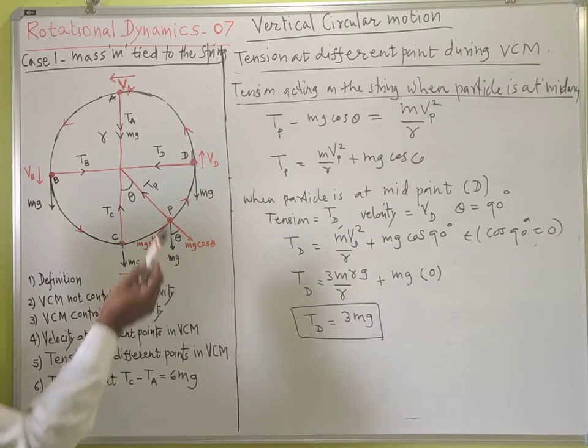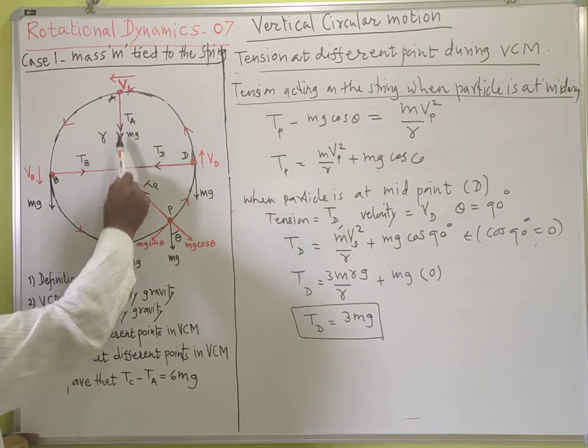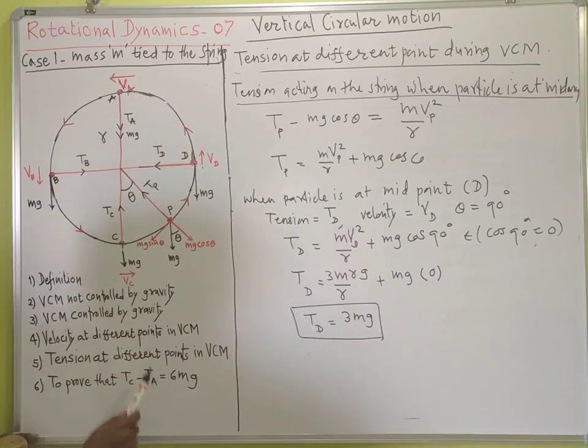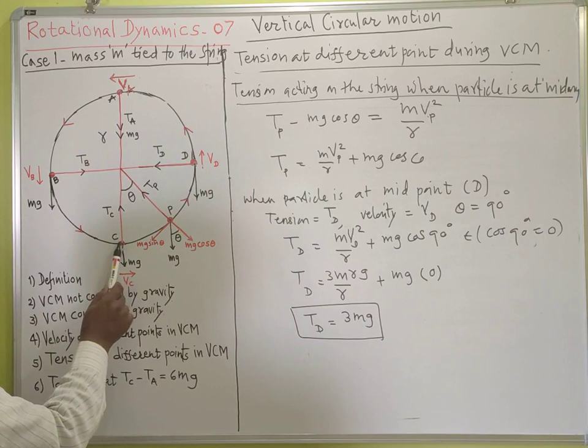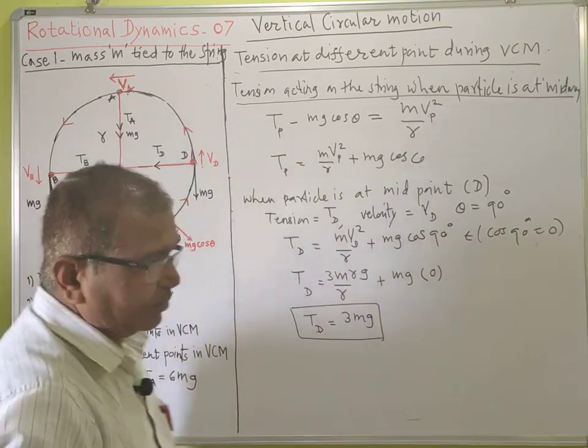Obviously, the tension acting on the string when the particle is at top, Ta, is equal to 0, and the tension when the particle is at bottom, Tc, is equal to 6 mg. So 6 mg minus 0 is equal to 6 mg.